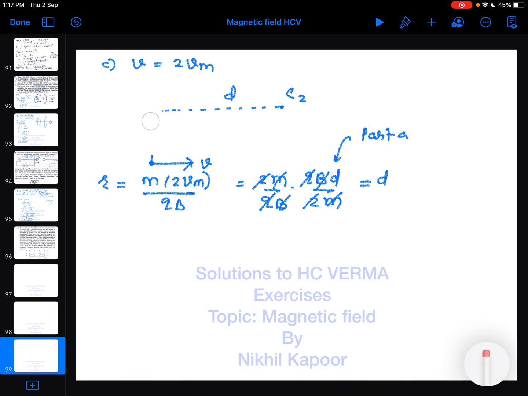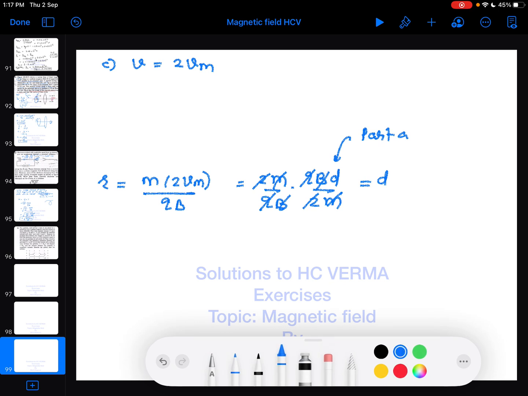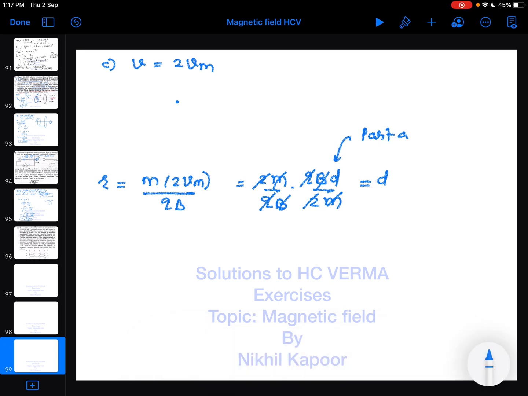I will draw this diagram one more time, because the separation d and the radius d are the same now. So this is the center of particle 1, and at a separation d, that is the center of the other particle, while d distance below, because the radius is d, that is the velocity of the particle. Here also d distance below, that is the velocity of the particle.